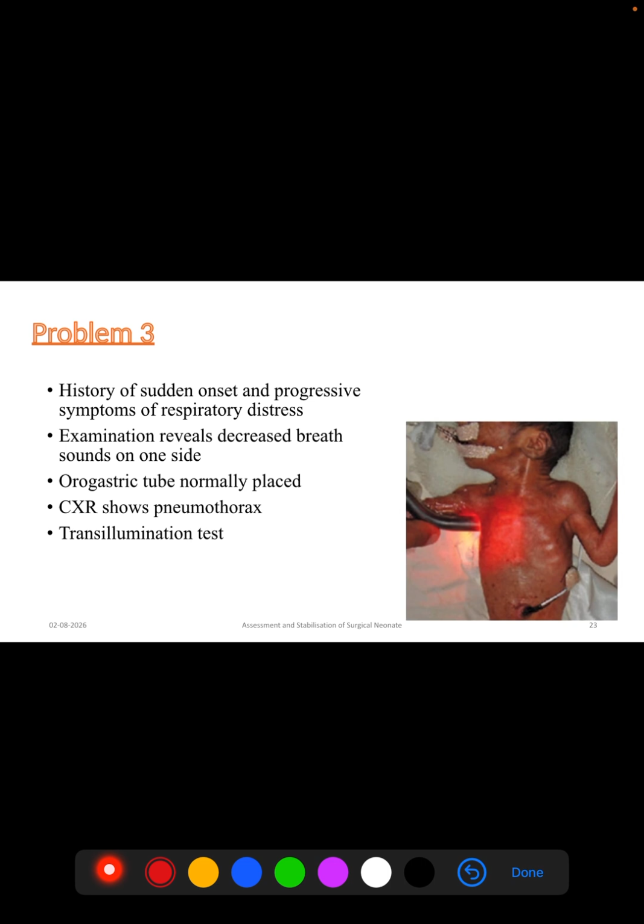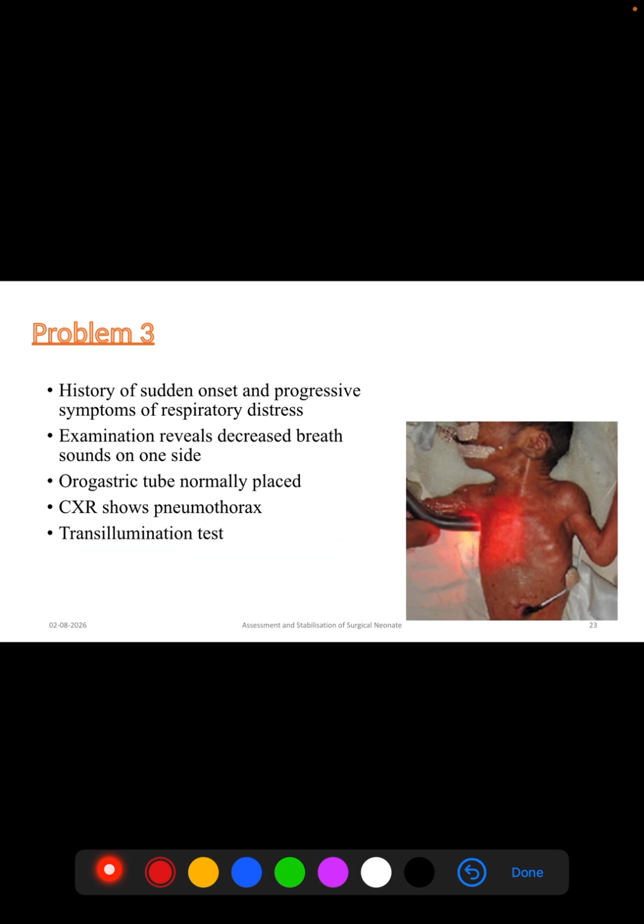Meanwhile you can do a chest x-ray depending upon the severity, and you can do a bedside transillumination test. If the light is seen beyond 1 centimeter, that is transillumination, and along with decreased air entry it is suggestive of a pneumothorax, and you have to put in a chest tube.